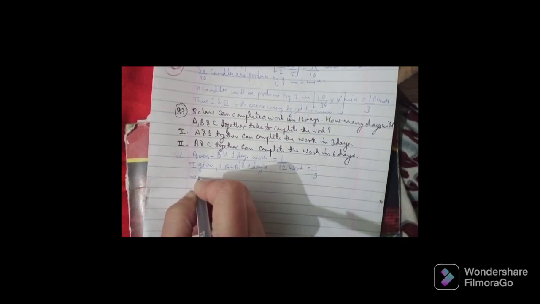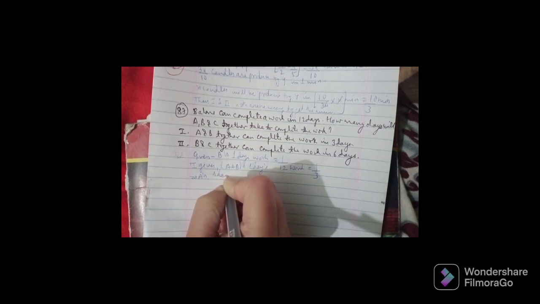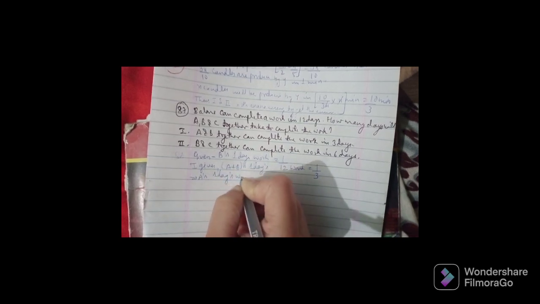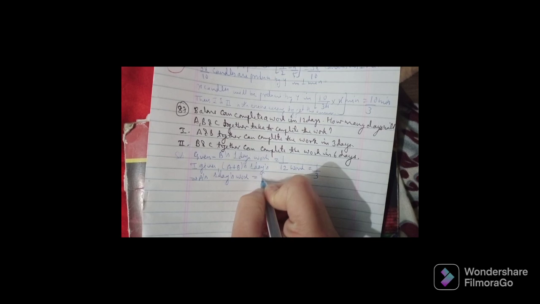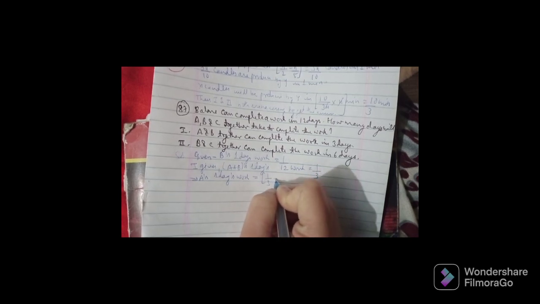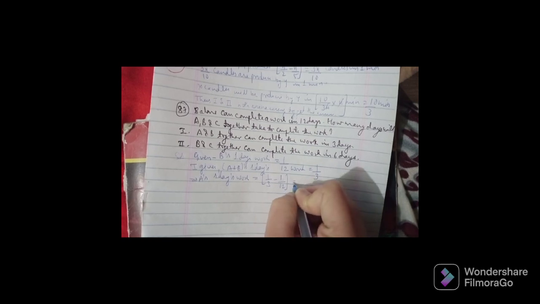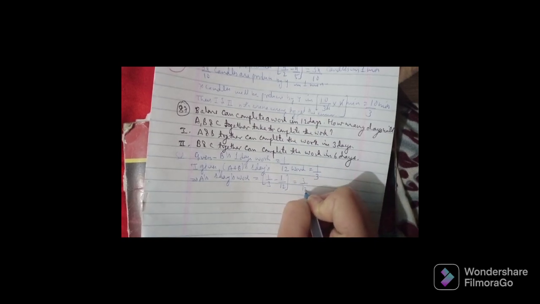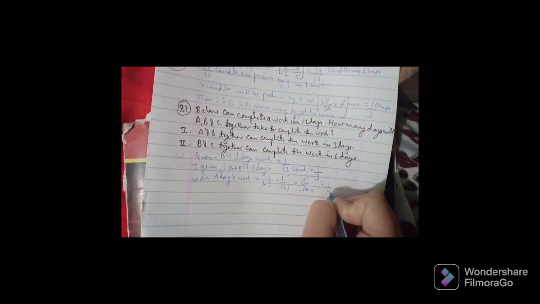So A's 1 day's work equals 1 by 3 minus 1 by 12 equals 3 by 12. 3 ones are 3, 3 fours are 12, it is 1 by 4.